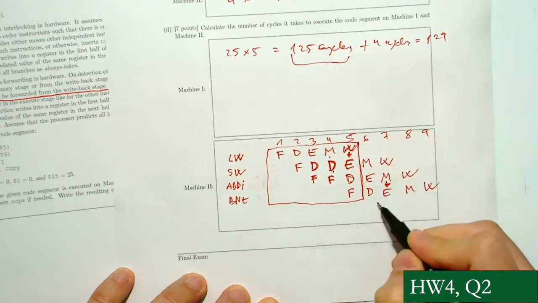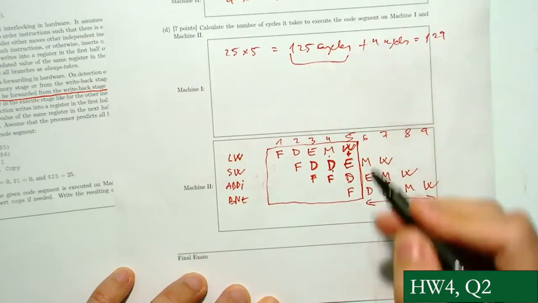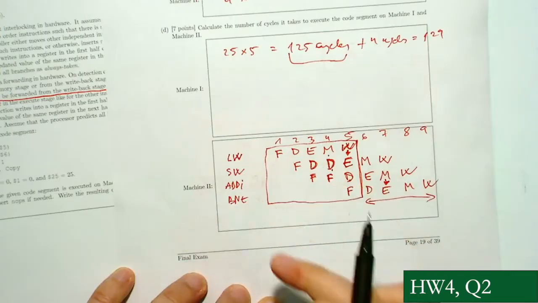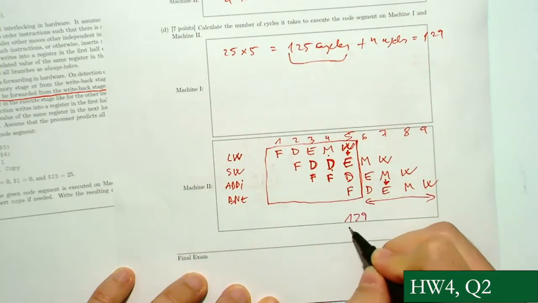And then in the final loop, we need 4 additional cycles to finish the last instruction. So basically, it's the same number of cycles for machine 1 and machine 2 executing the same number of cycles, 129.